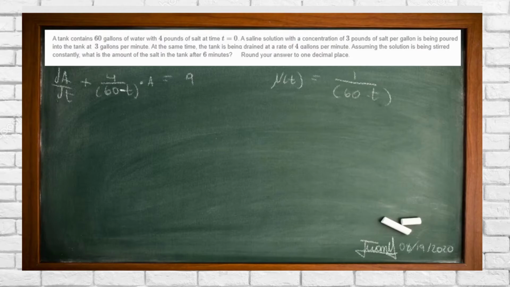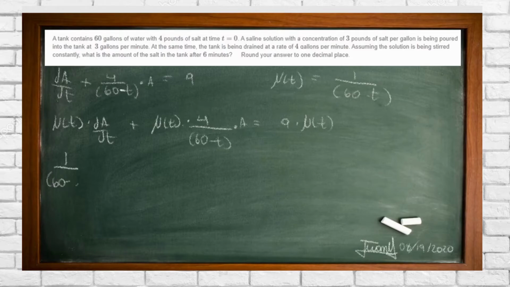So it's going to be mu of t times dA/dt plus mu of t times 4 divided by 60 minus t times A, which is equal to 9 times mu of t. But mu of t is equal to 1 over 60 minus t. I forgot to put the 4th power.